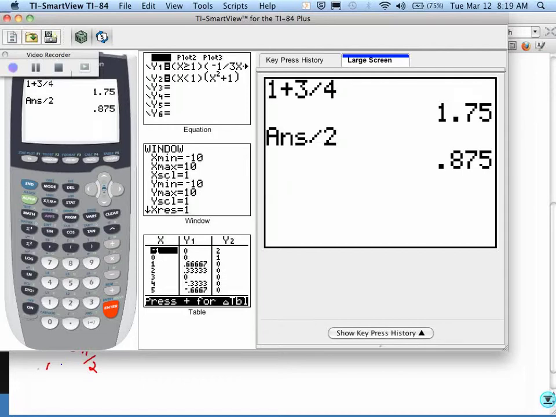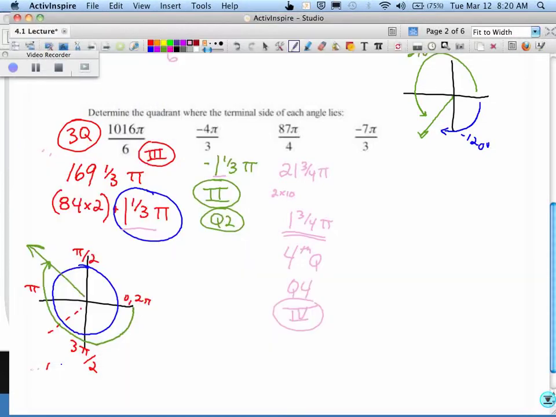Let's do the next one quickly. Negative 7 pi over 3. 3 goes into negative 7 how many times? 2 1/3, is that what I'm hearing? Okay. So this means we spun around the circle twice in the negative direction, and I really only need to look at negative 1/3 pi.